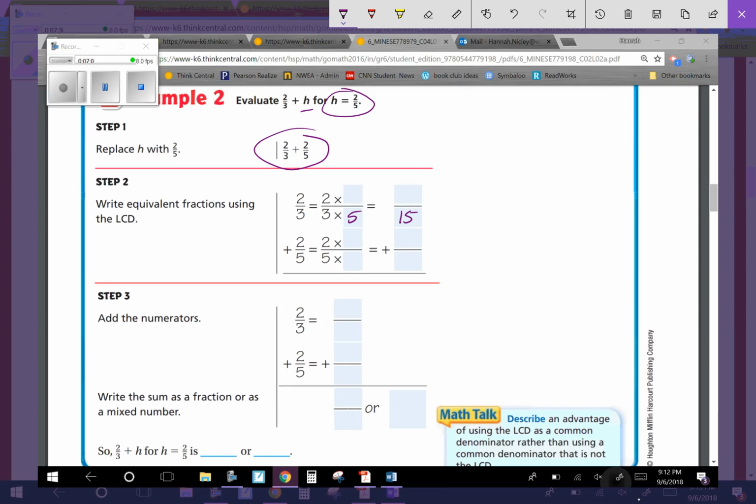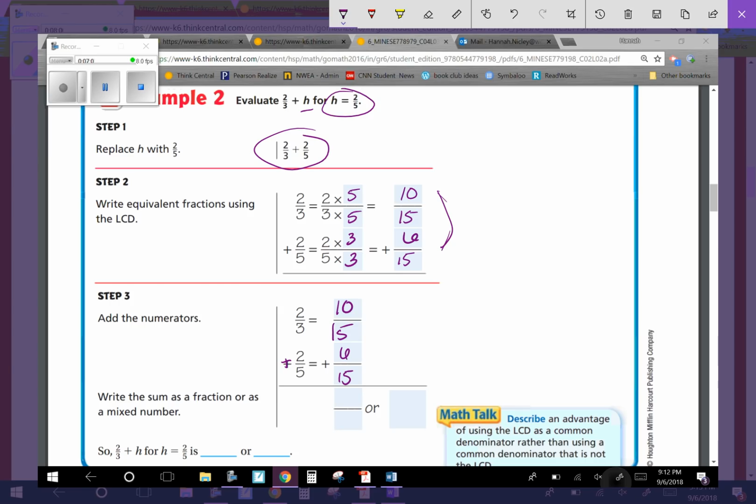So 2/3 becomes 10/15 plus 2/5, but we need to turn that into 15ths. So 5 times 3 gave me 15. So 2 times 3, which is 6. Now I'm going to add 10/15 plus 6/15.